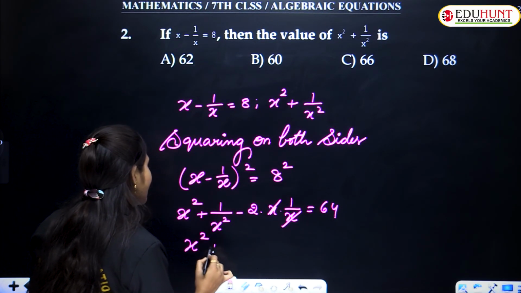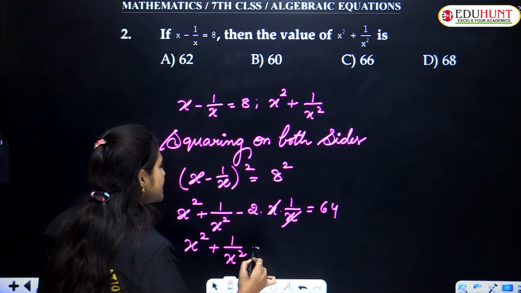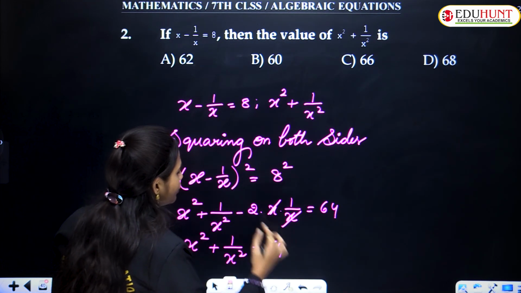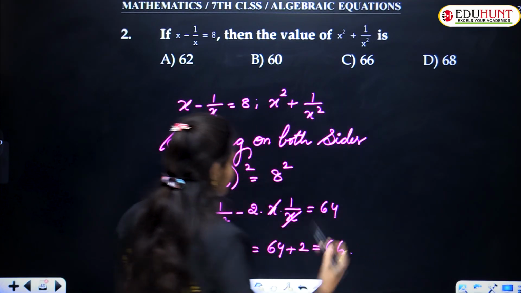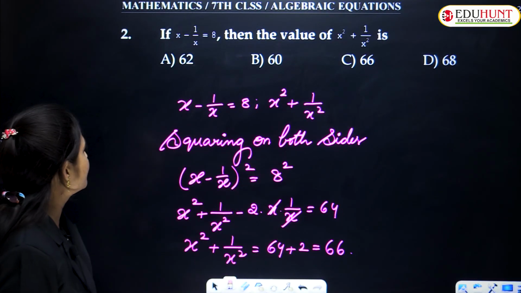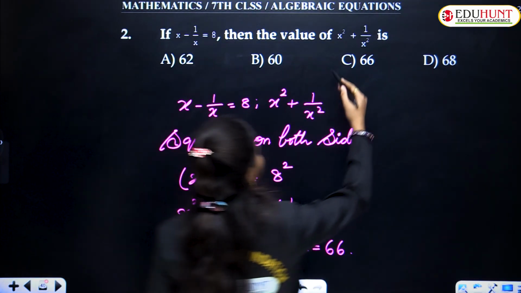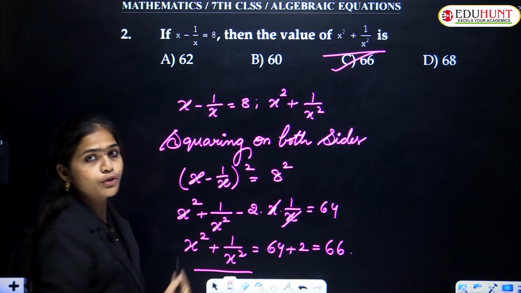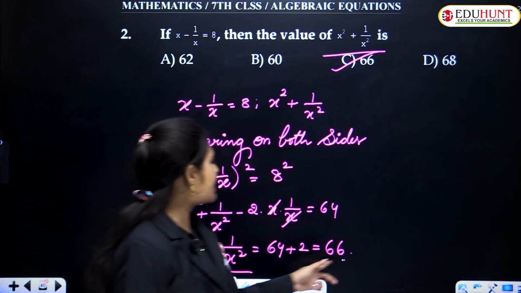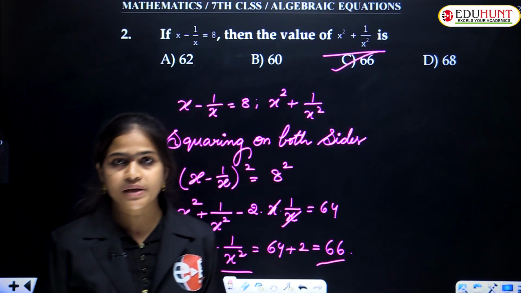So x square plus 1 by x square is equal to 64 minus 2, which becomes plus 2, equals 66. Which option is correct? Option C is correct. We needed the value of x square plus 1 by x square, and finally we got 66. Am I clear to you?